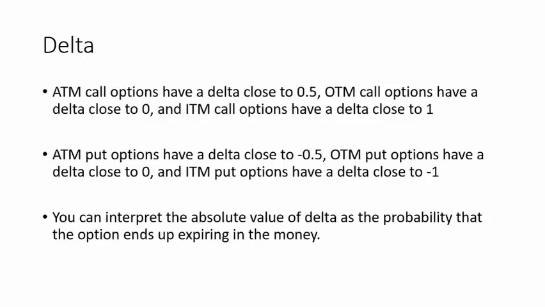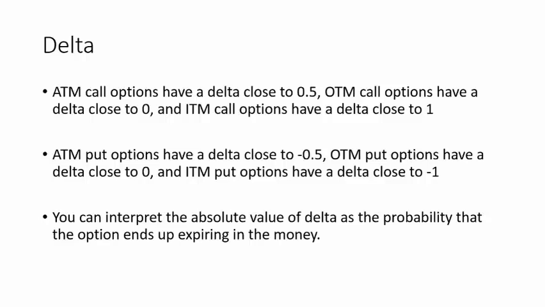And finally, if you had a delta close to 0, that's an out of the money call option. And because it's out of the money, its probability of ending up in the money is very low, right? And that's why the delta will be 0, or close to 0. So that's kind of the best way to interpret this actual number, right? Think about it as a probability that the option ends up expiring in the money.